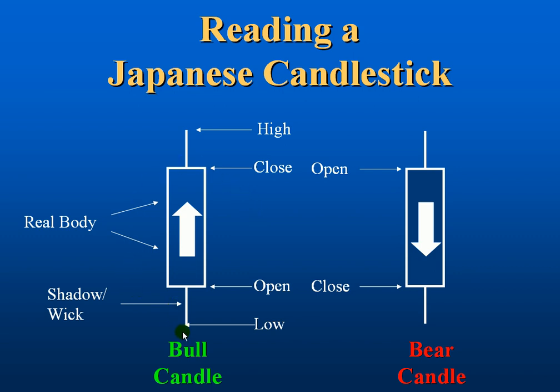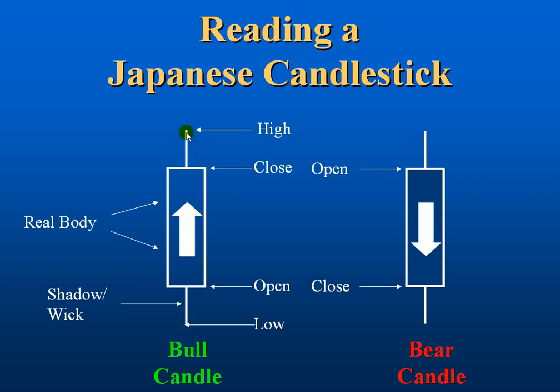So for example, this is a bullish candle. Price has moved up in this period, and it represents price action. Now in this particular case, this here is the body, and on either end we have a wick.